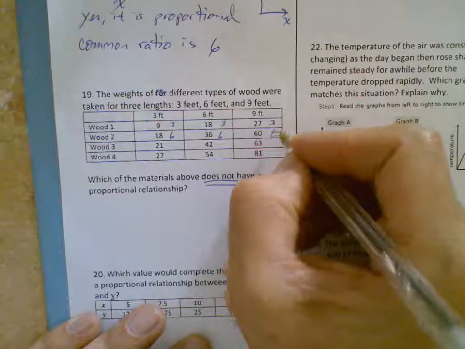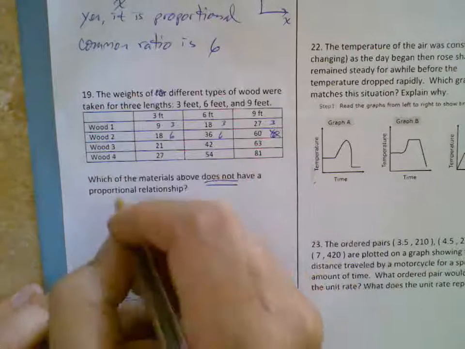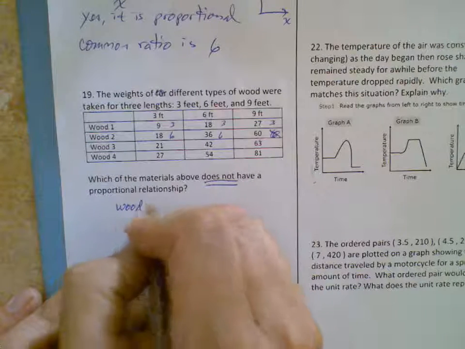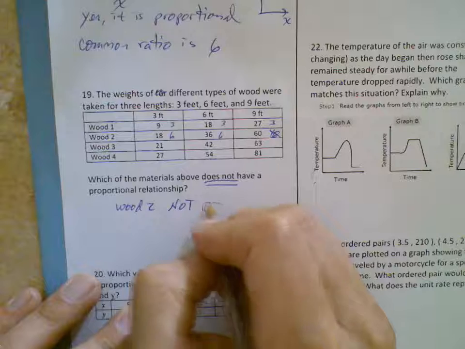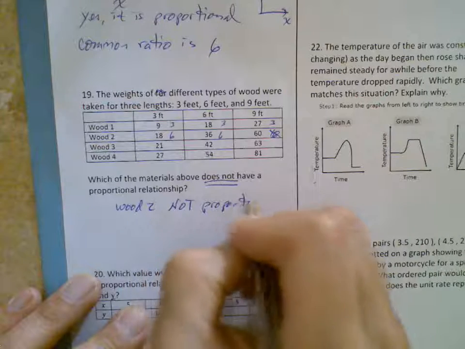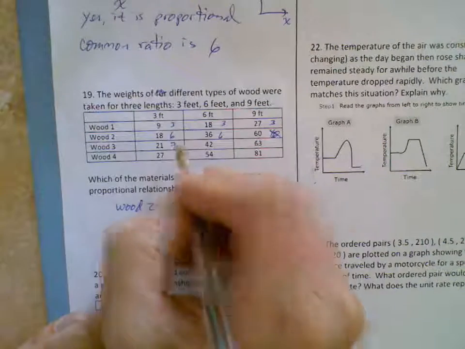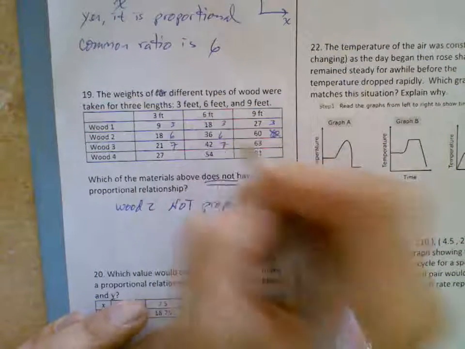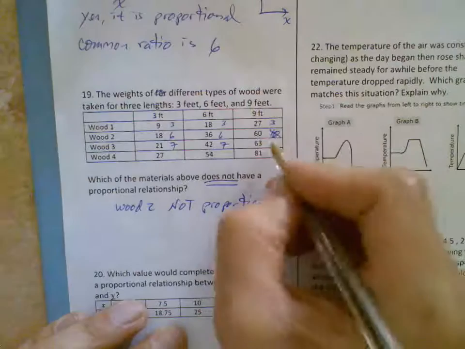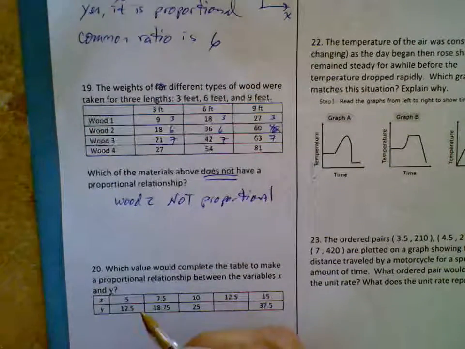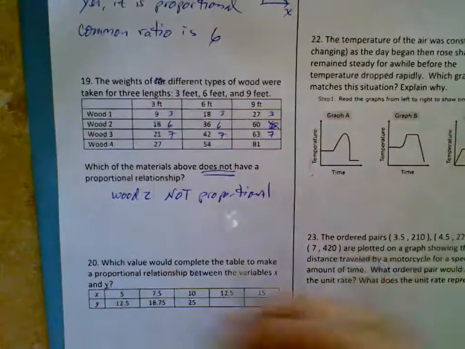Because it's not 6, this is not proportional. If we check the others, 21 divided by 3 is 7, 42 divided by 6 is 7, 63 divided by 9 is 7. So wood 2 is definitely not proportional.